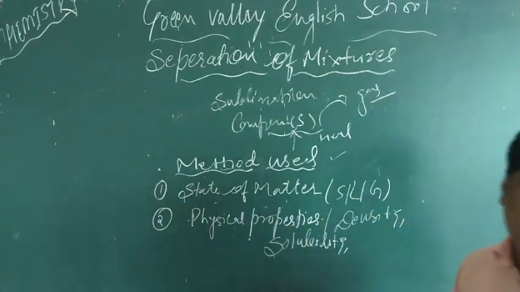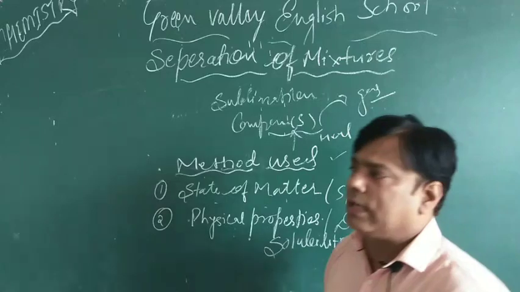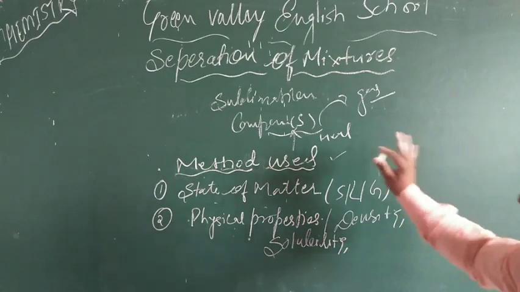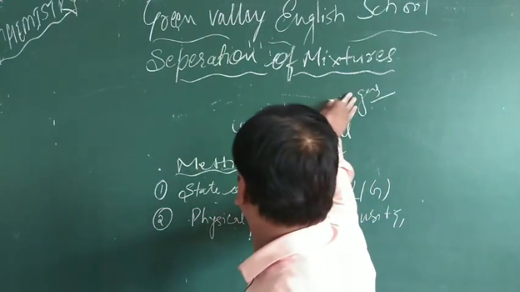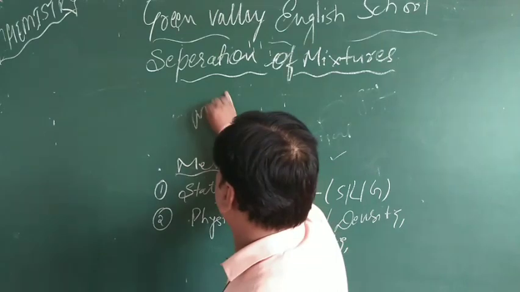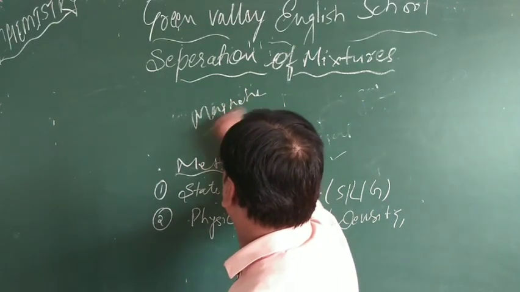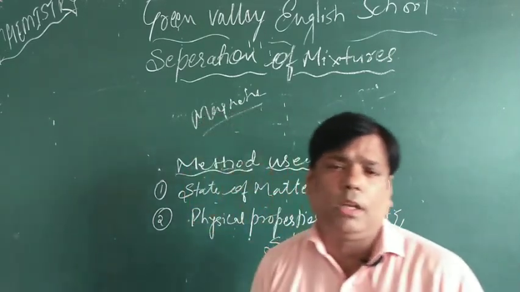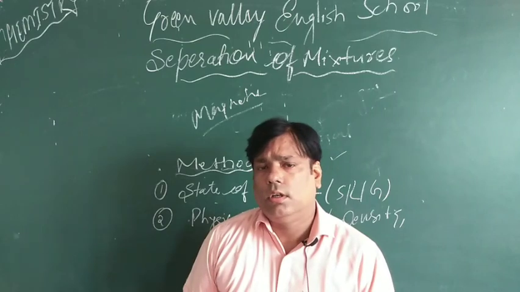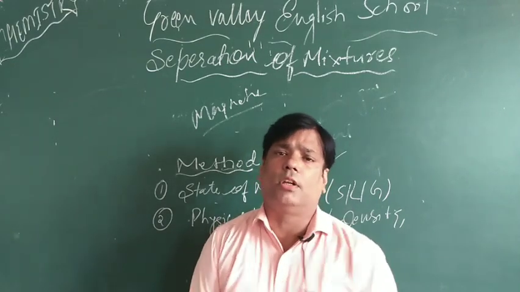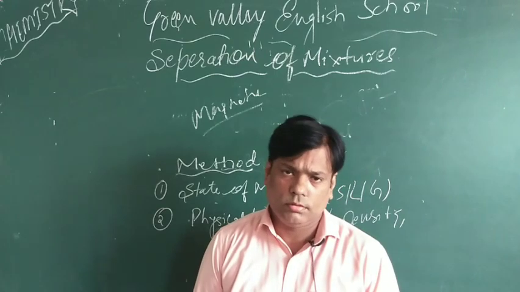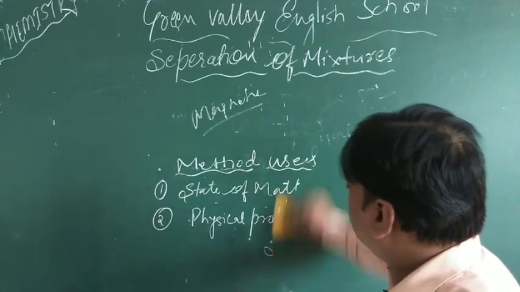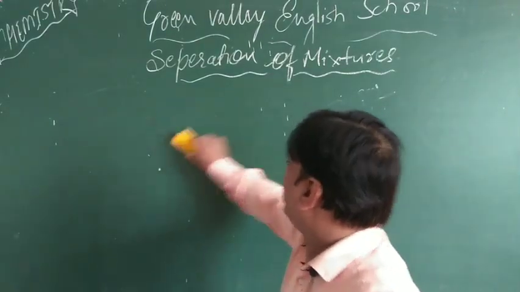So sublimation is also a physical property by virtue of which we can separate some substances from a mixture. The last property is magnetism, the magnetic property of that material. With the help of these physical properties we can separate different components from a mixture.